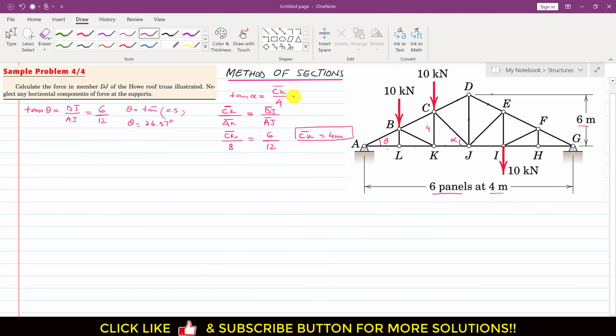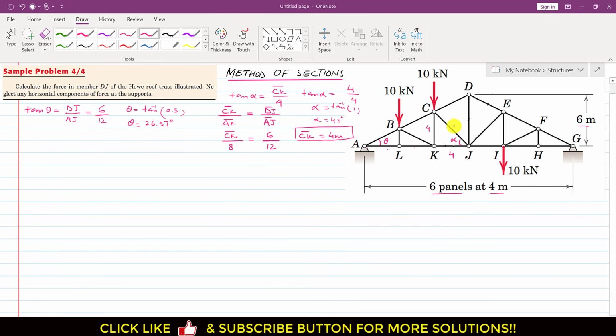Now if we apply tan alpha, tan alpha is equal to CK, which is 4, and this length is 4. This means that alpha is equal to tan inverse 1, so alpha is 45 degrees. We can directly say that if this is 4 length and this is 4 length, then alpha is directly a 45 degree angle.